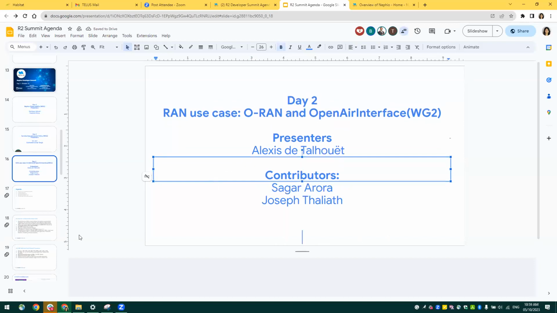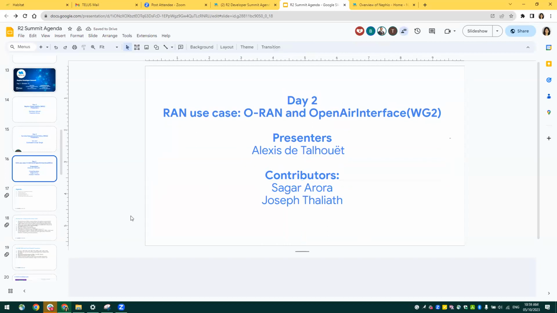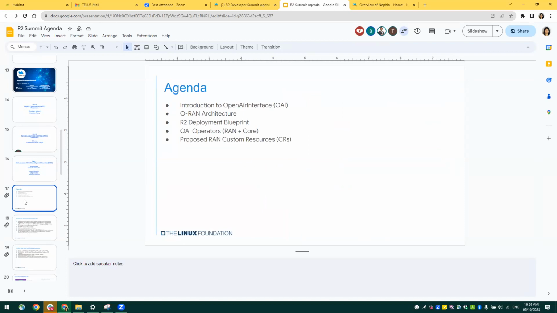All good. We can see what there is to present here. Yeah, exactly. The intro to the OpenAirInterface might not necessarily happen in this. I might rework the slides a bit, but the goal is the ORAN architecture.